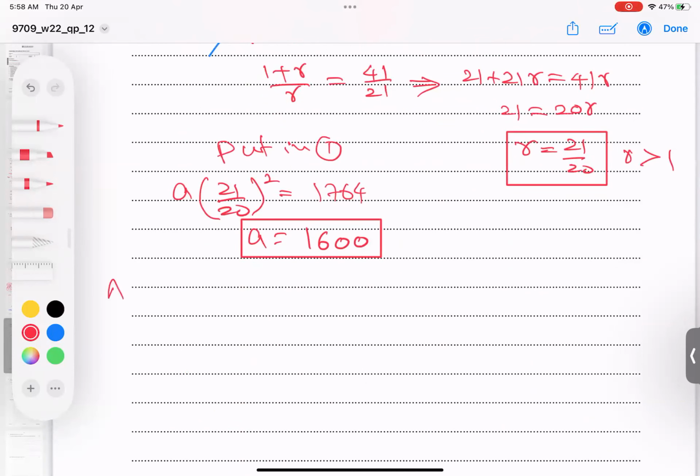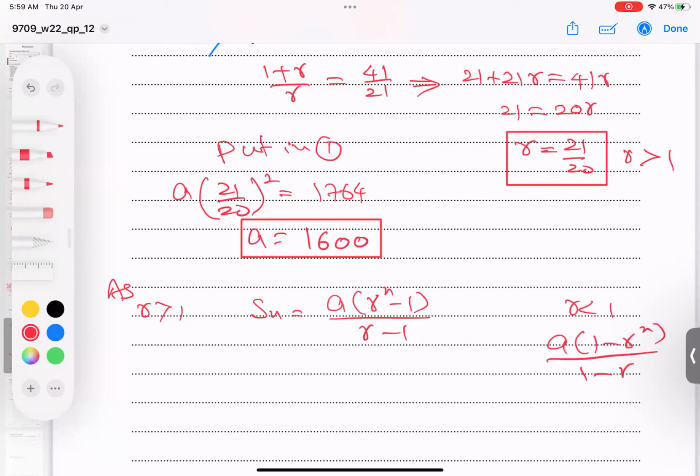If r value is bigger than 1, the sum formula is a times r to power n minus 1 over r minus 1. If it is less than 1, this 1 and r will change places. So then the formula will be 1 minus r to the n. So this is the formula in case when r is less than 1.